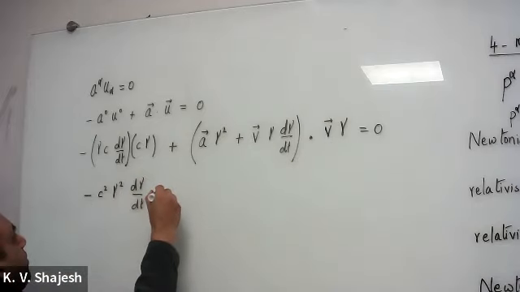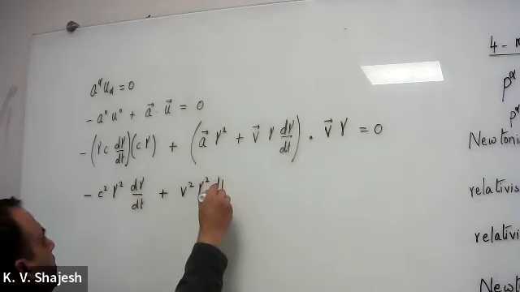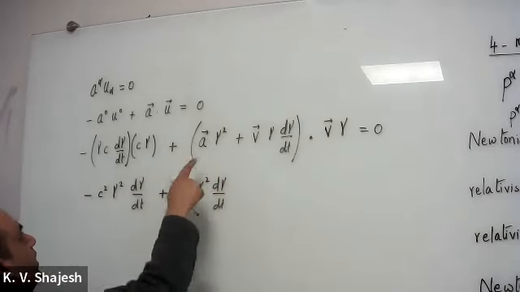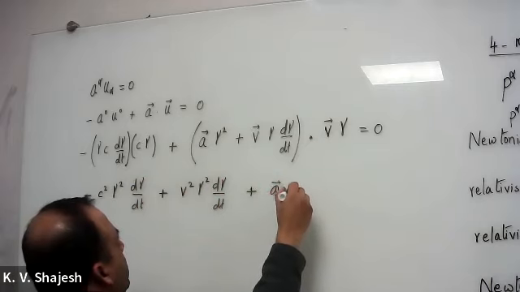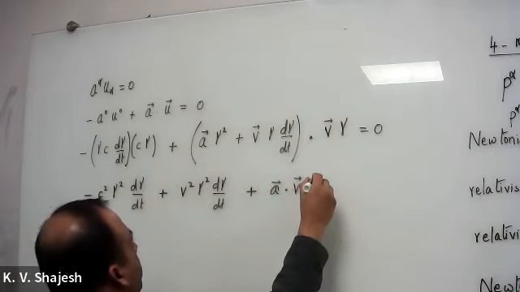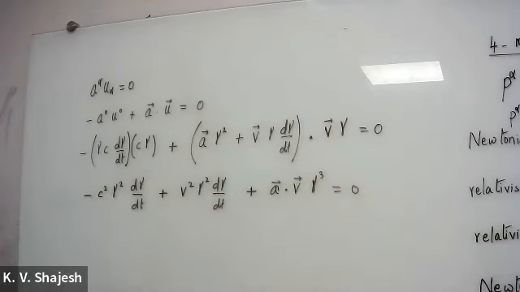So it is plus V squared gamma squared d gamma over dt, and that is plus A dotted with V times gamma cubed. It's equal to 0. So that's the same as minus C squared d gamma over dt.